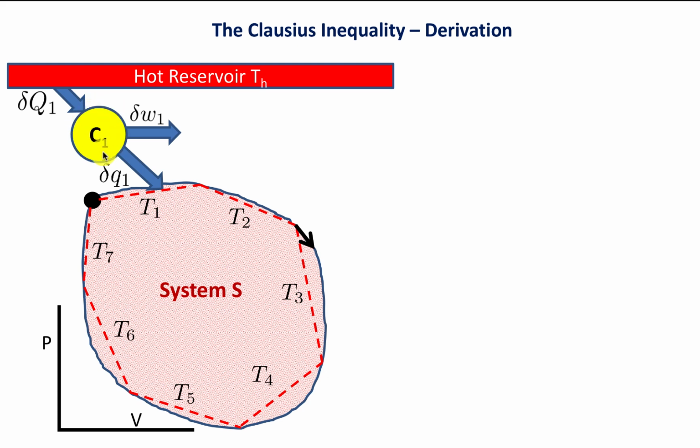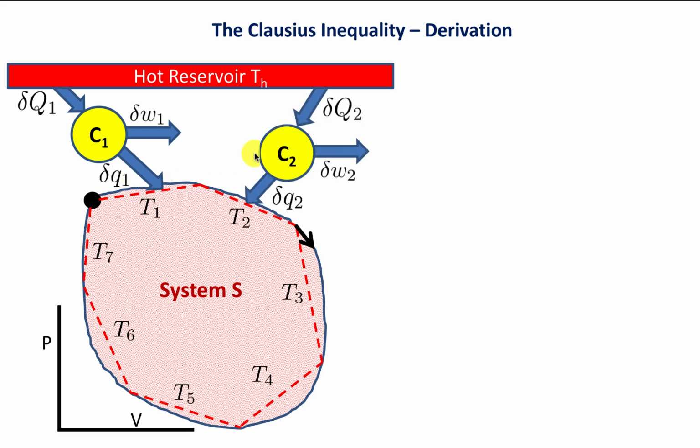This Carnot engine rejects a small amount of heat, delta q1, small q here, and it does a small amount of work, which we will call delta W1, which of course is just the difference between this heat provided and this heat rejected. I will do the same for every other segment.